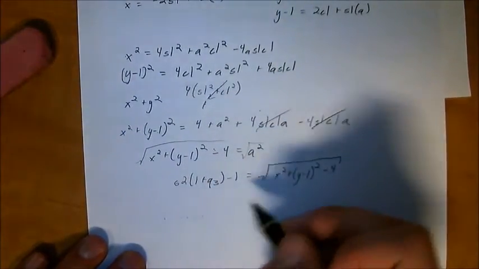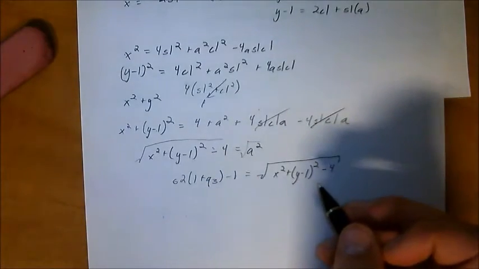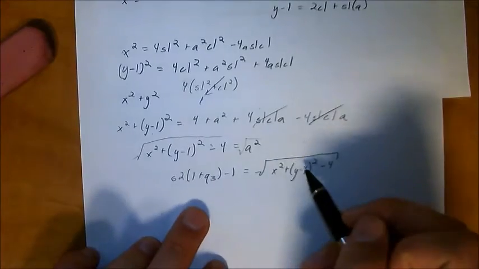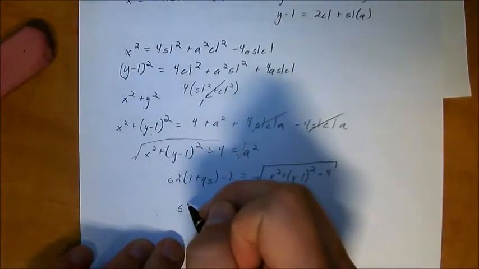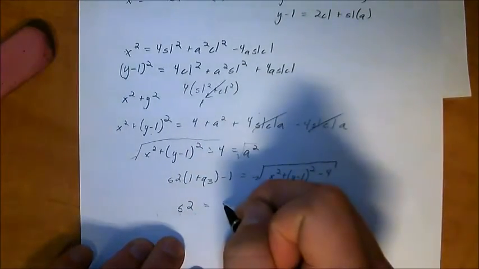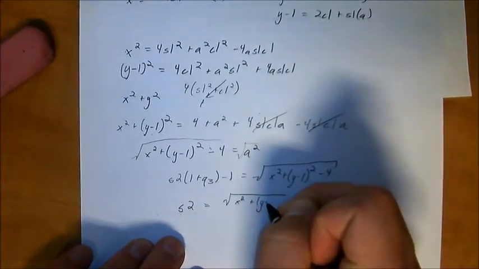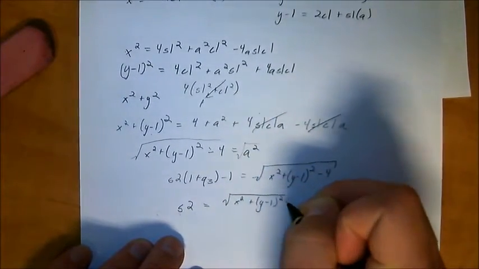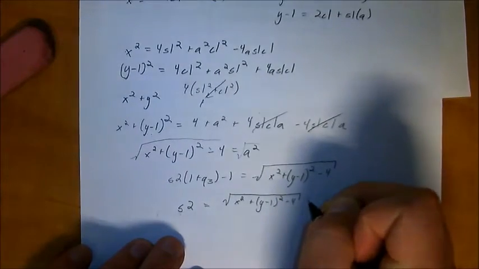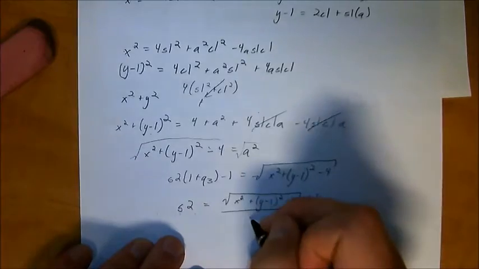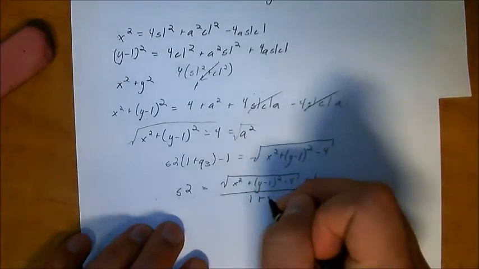And then simplifying this out a little bit more, I'm able to get s2 is equal to the square root of x squared plus y minus 1 squared minus 4, plus 1, because I add this 1 on the other side, and then divided by 1 plus q3.